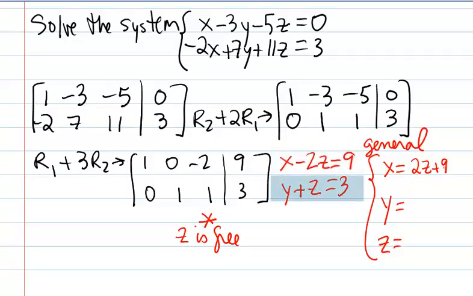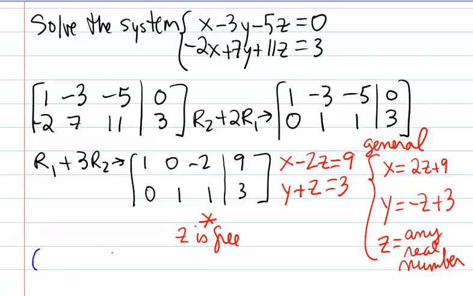From the second equation, I'm going to subtract z from both sides, so I get -z plus 3. And z is any real number. That's my general solution, and now I can find a few particular solutions by substituting something in there for z.